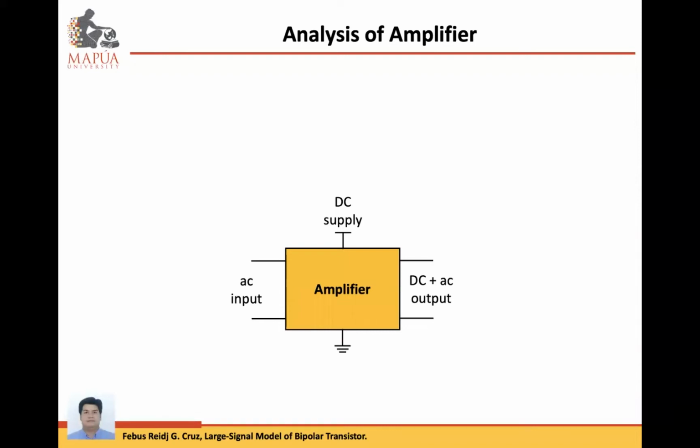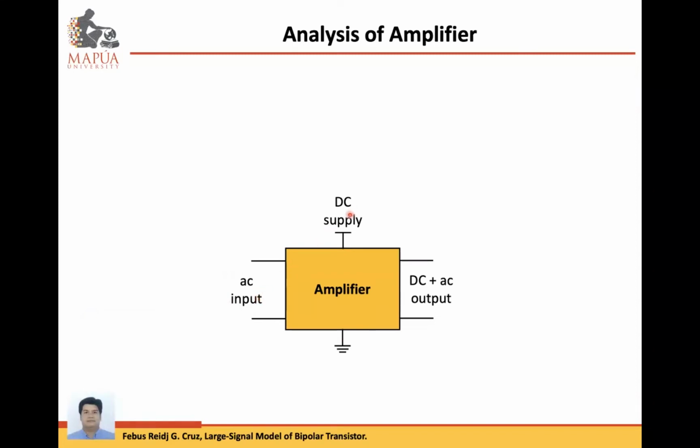In a bipolar circuit, this is the supply VCC. After establishing the operating mode, we can now connect an AC input. This would be the input signal of the amplifier.